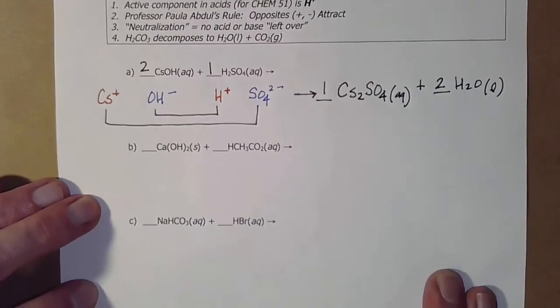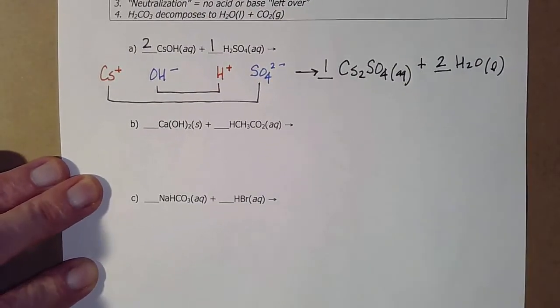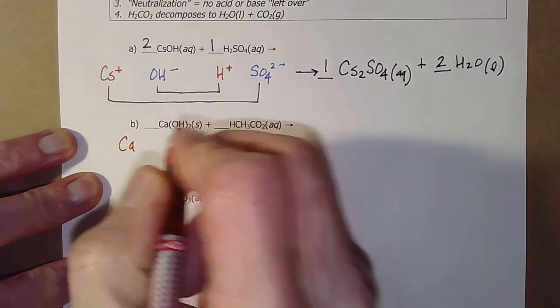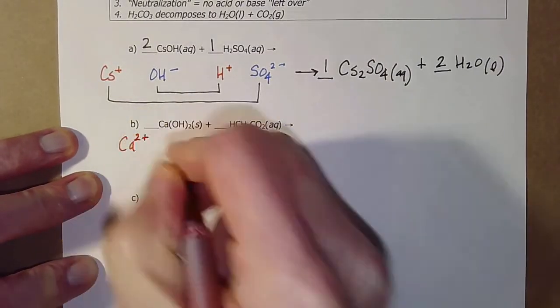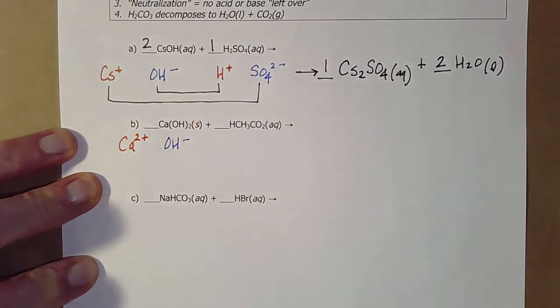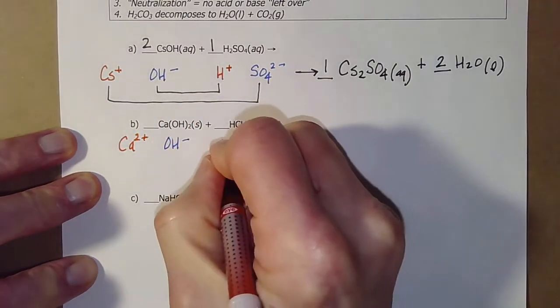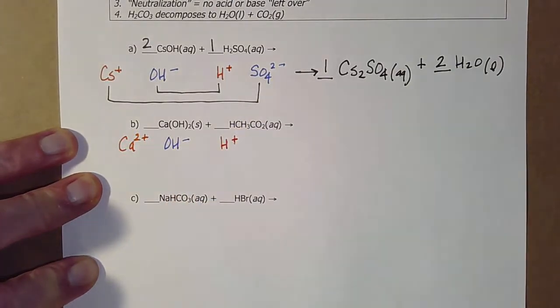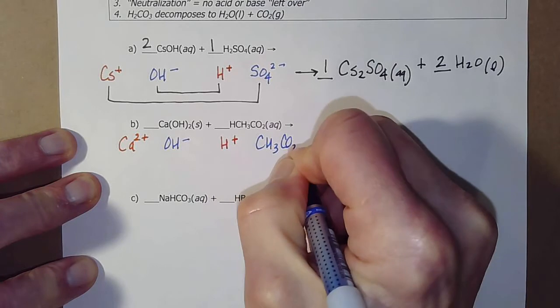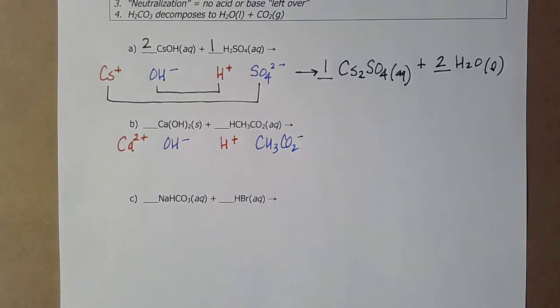B. I'm going to do the same trick: Ca2 plus, hydroxide, H plus, CH3CO2 minus. That is, of course, acetate. Now, I didn't worry about quantities.